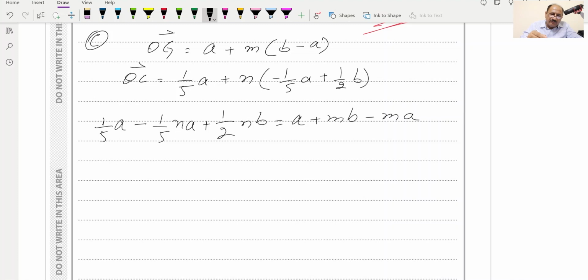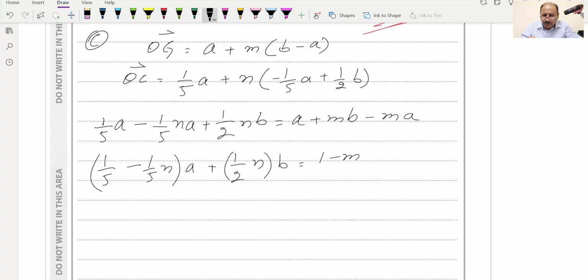So what we have done, we have equated these two equations, and before comparing the coefficients we'll take a common from these two terms, and we will get 1 by 5 minus 1 by 5n, and a will be this one, plus 1 by 2n, and outside will be b, and this is equal to, from this term and this term we can take a common, so it will be 1 minus m multiplied by a plus mb.